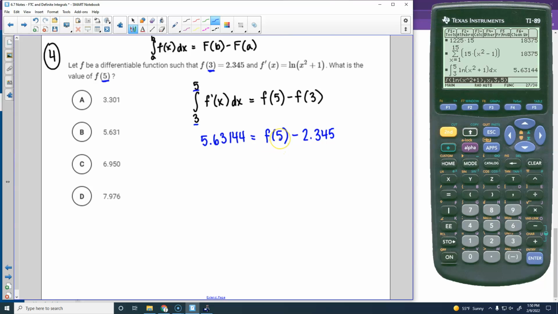Okay. Now, the question asks us for f of 5. So all we got to do is solve this for f of 5. So we're just going to add 2.345. And so I think we should get 7.97644, which is going to be answer choice D here.